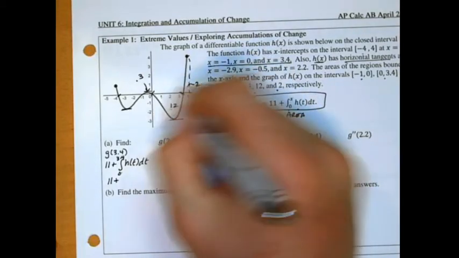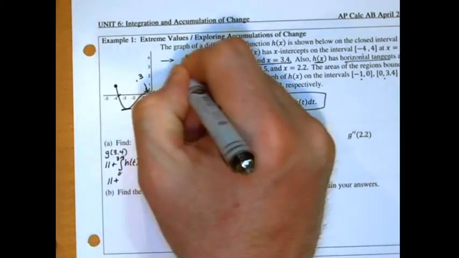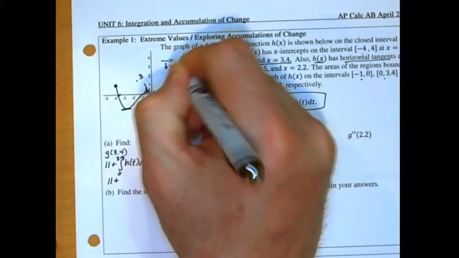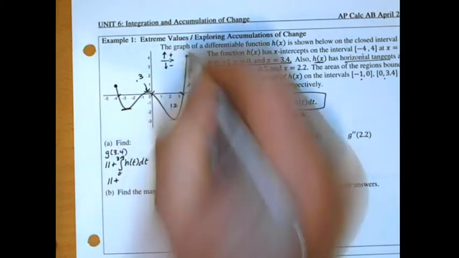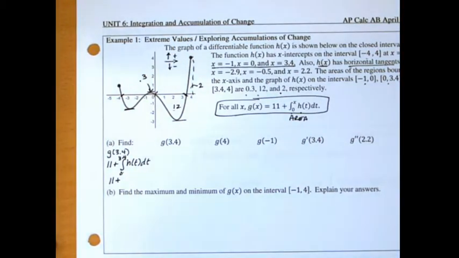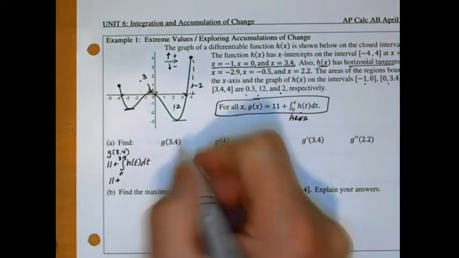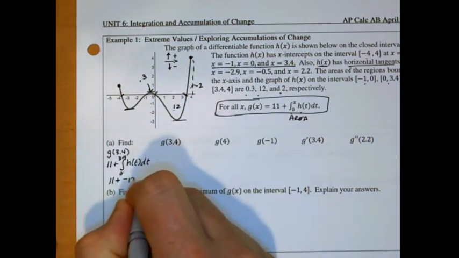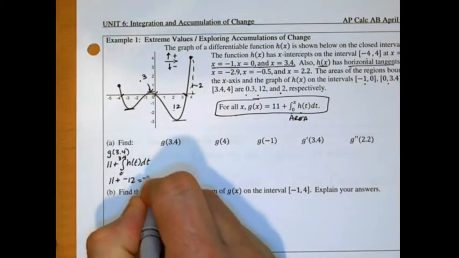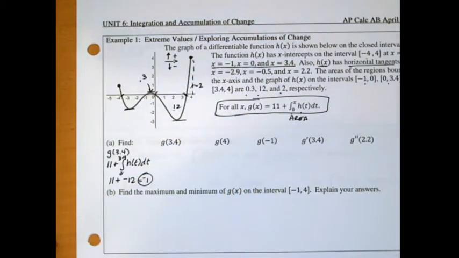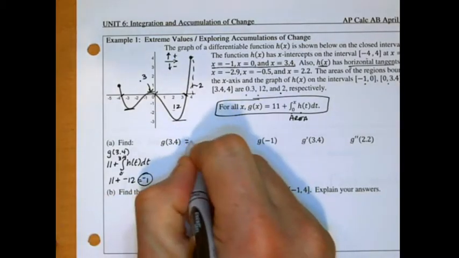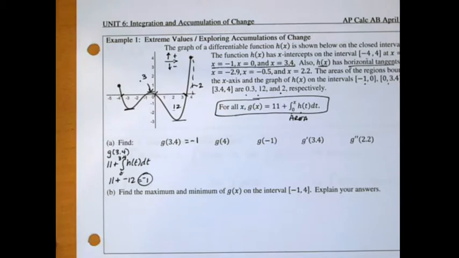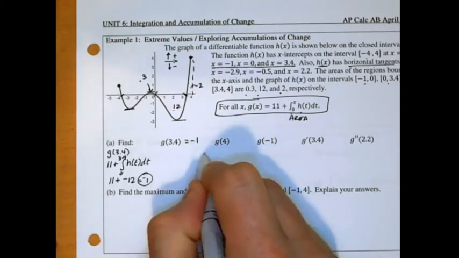Because we are moving this way, anything that is below is negative. Anything that is above is a positive area. So this would be -12, which would give you a value of -1.